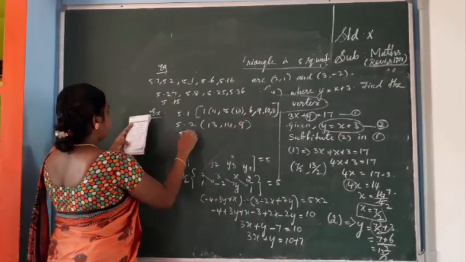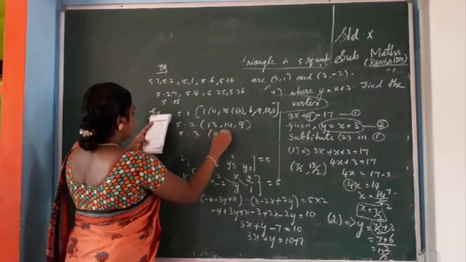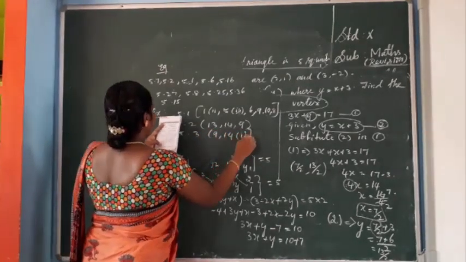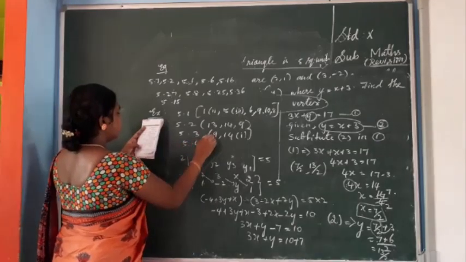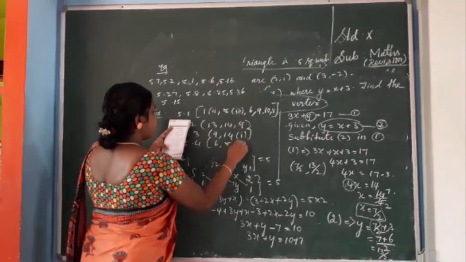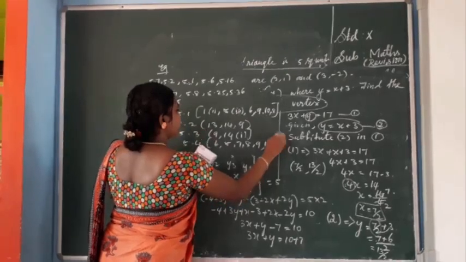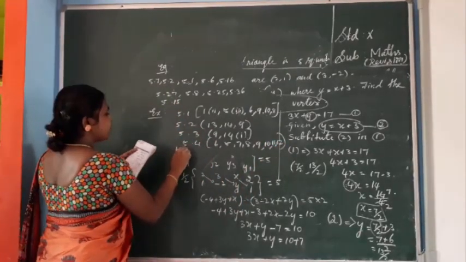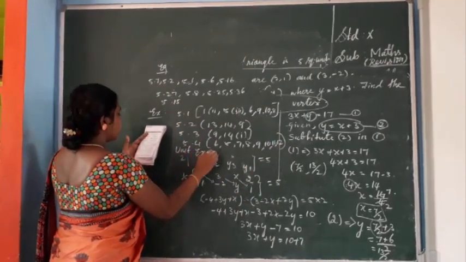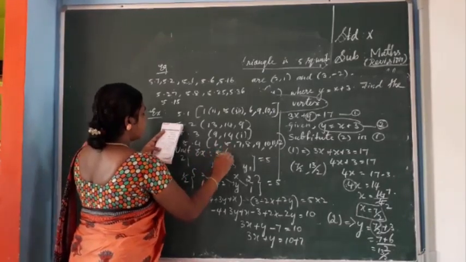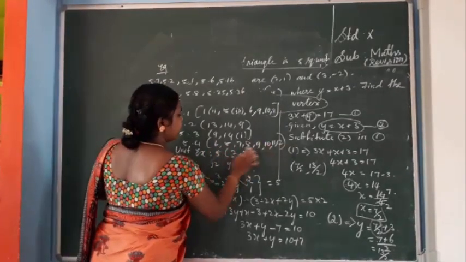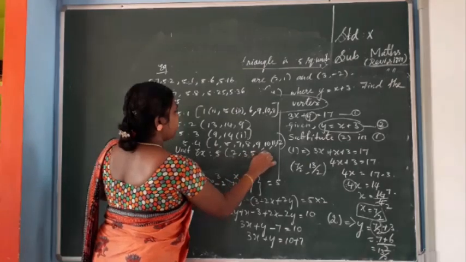Exercise 5.3: 9, 14. Exercise 5.4: 6, 5, 7, 8, 9, 10, 11, 12. Then unit exercise 5: question numbers 2, 3, 5, 8.